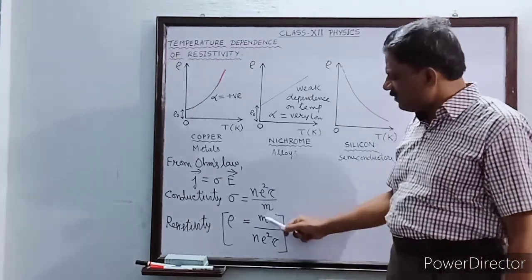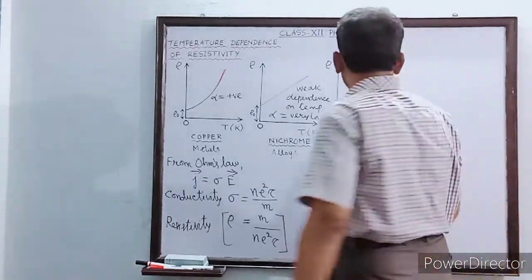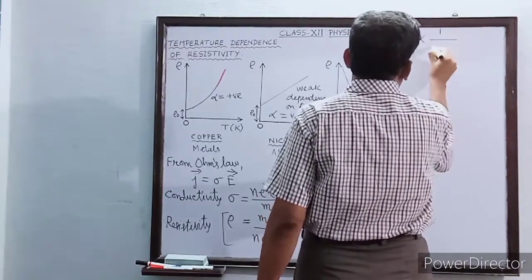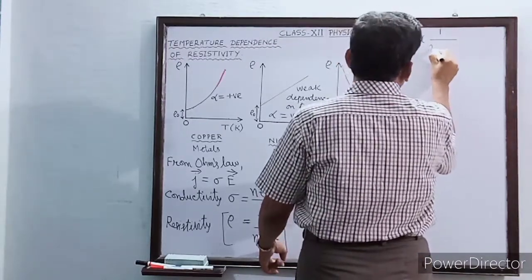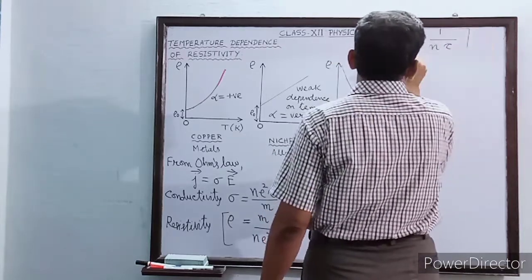But the mass and the charge of the electron are constants. So rho is inversely proportional to n into tau. These are the two factors.